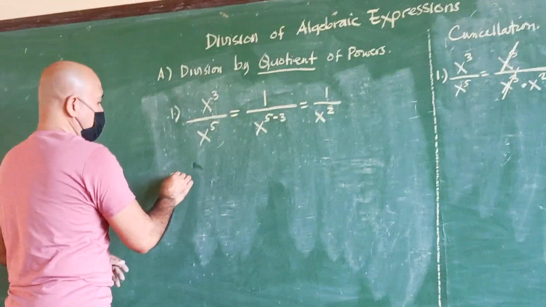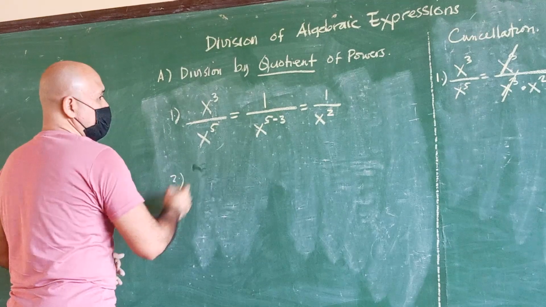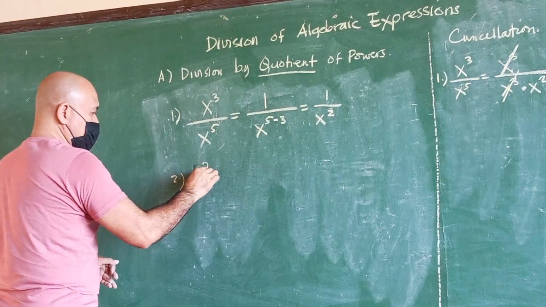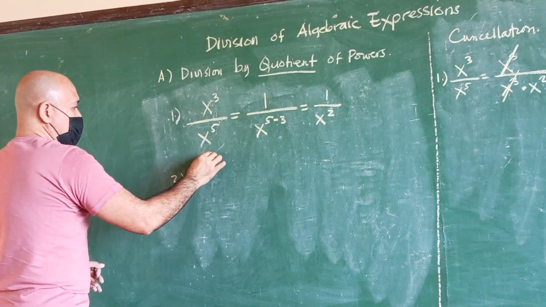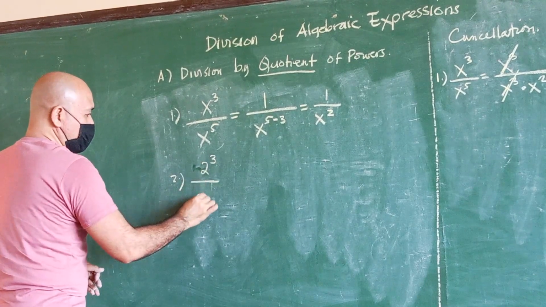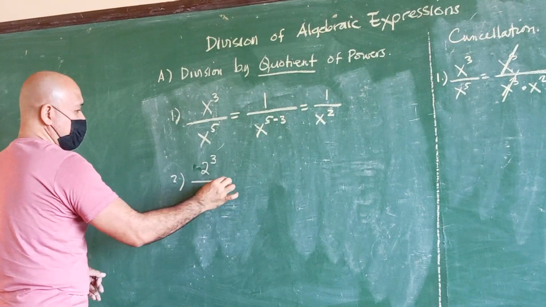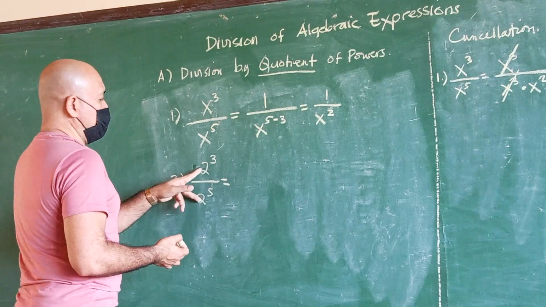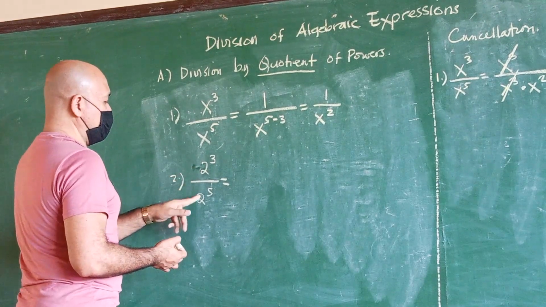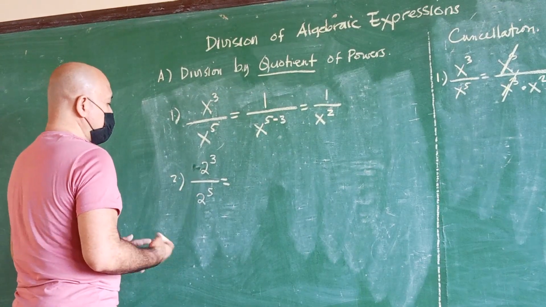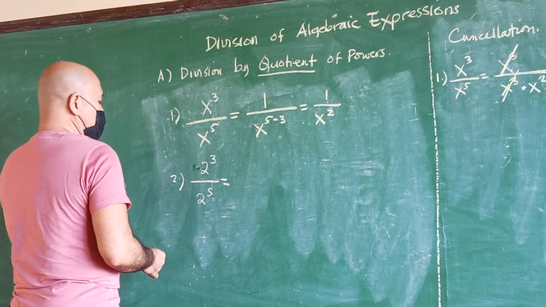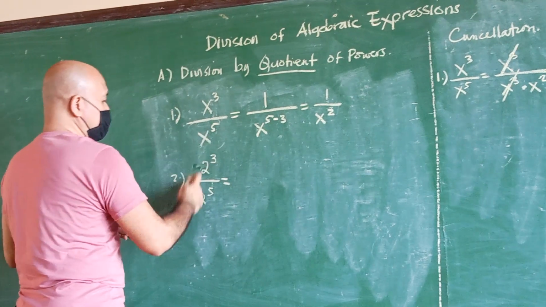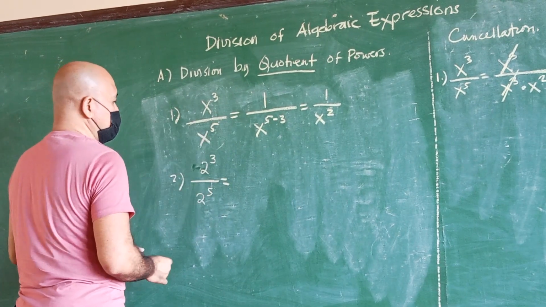Example, you have another one. Let's try to use a number. For example, you have 2 raised to the power of 3 over 2 raised to the power of 5. So the two bases here, for numerator and denominator, are the same number, 2. And then you can still do the process by dividing these numbers using the idea of quotient of powers.